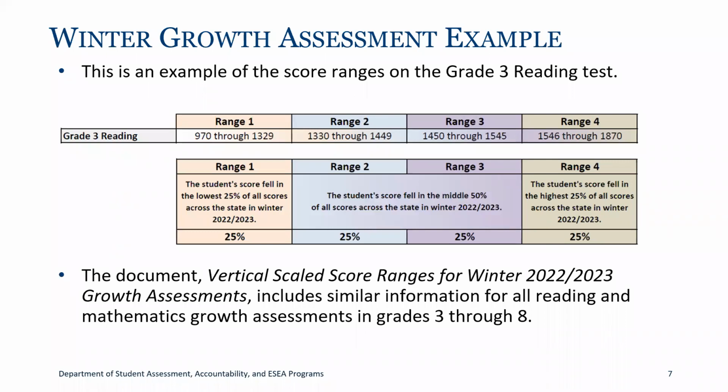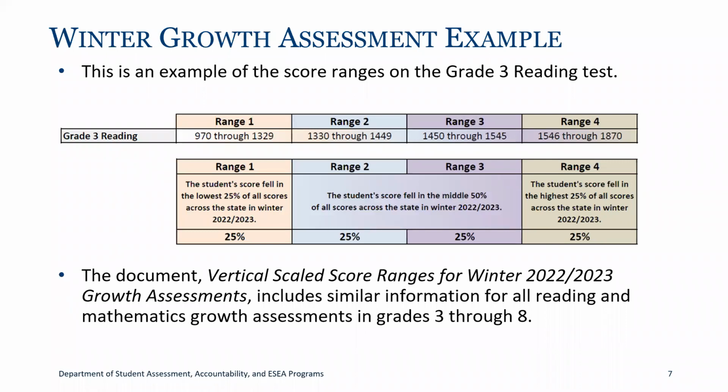This is a picture of the score ranges from the grade 3 reading test. These ranges include all of the test scores from all Virginia children who took the grade 3 reading winter growth assessment test. Notice there are 4 ranges. Your child's vertical scaled score will be in one of these ranges.